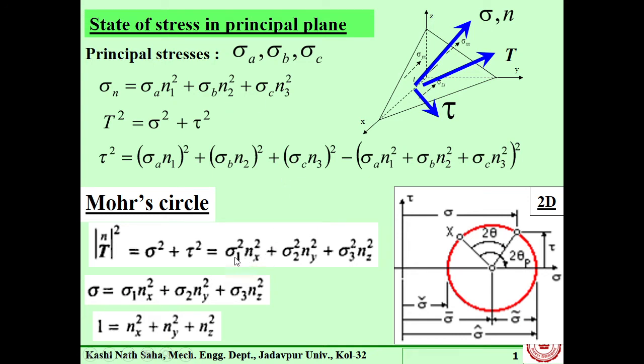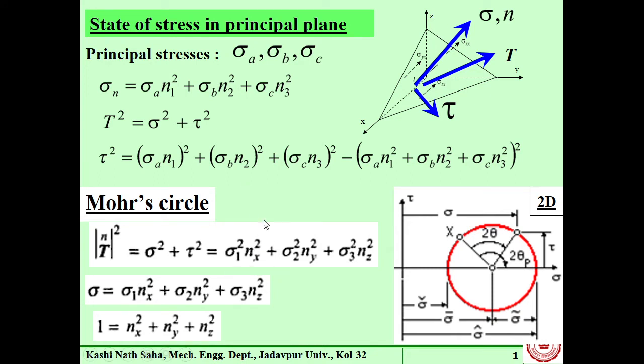So that means if we orient the coordinate directions, then for this particular direction it again has some nx, ny, nz values. And as the components of stresses along directions 1, 2 and 3 are sigma 1, sigma 2, sigma 3, they are basically acting as the components of this t vector, that means tx, ty and tz.